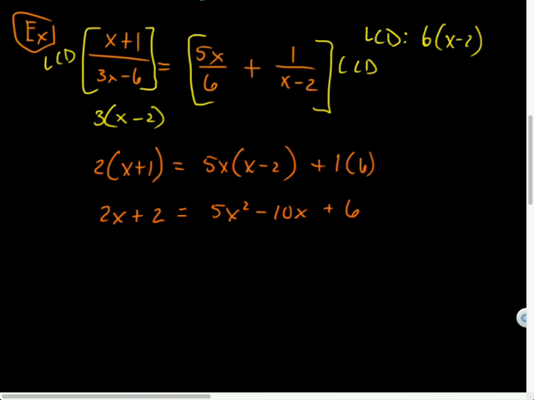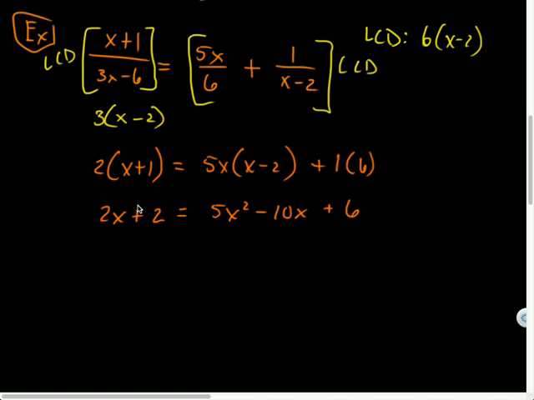Alright, so looking at this equation, we've killed the fractions, but now what do we do? Any ideas? Eventually, I might want to do that. However, the thing that clued her off was the squared, right? So this is a quadratic. And in order to solve a quadratic equation, I'm going to want this set equal to 0.